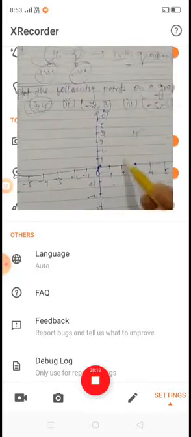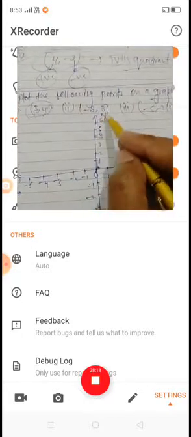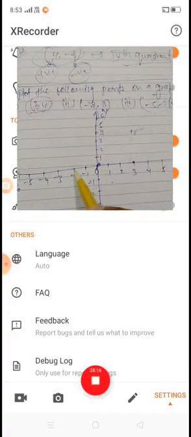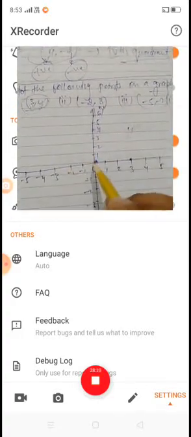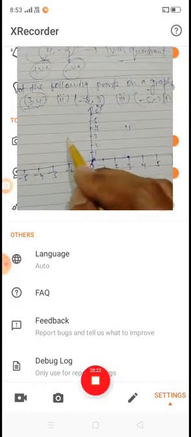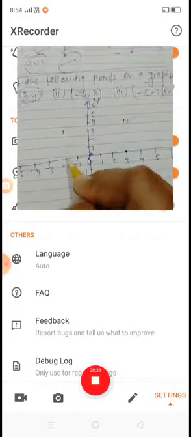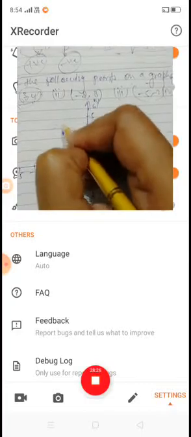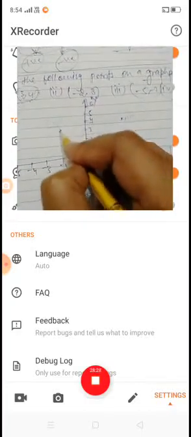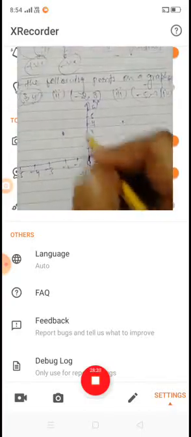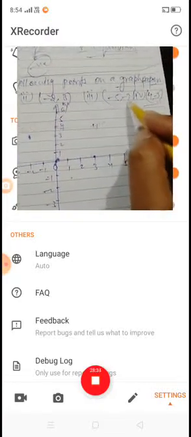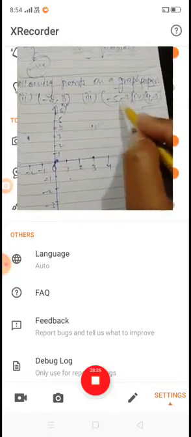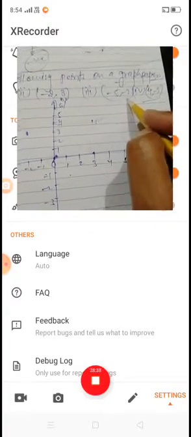Okay, similarly (-2, 3). -2 is here, abscissa is negative but ordinate is positive, that is 1 2 3. So at that point (-2, 3) the second point lies. And for the third, both the abscissa and ordinate are negative, so this point lies in the third quadrant.